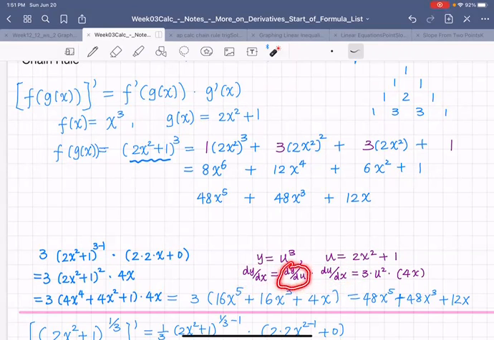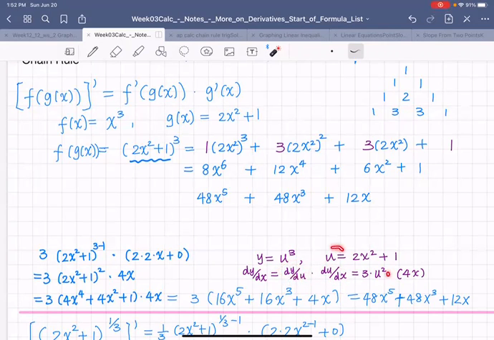Dy over du. Olivia, see here? If you want to do the derivative of y with respect to u, you do the power rule here. That is 3u squared, correct? Yes. And then you are asked for dy over dx. We have dy over du, so we have to do a du over dx so that these two balance. That equals dy over dx.